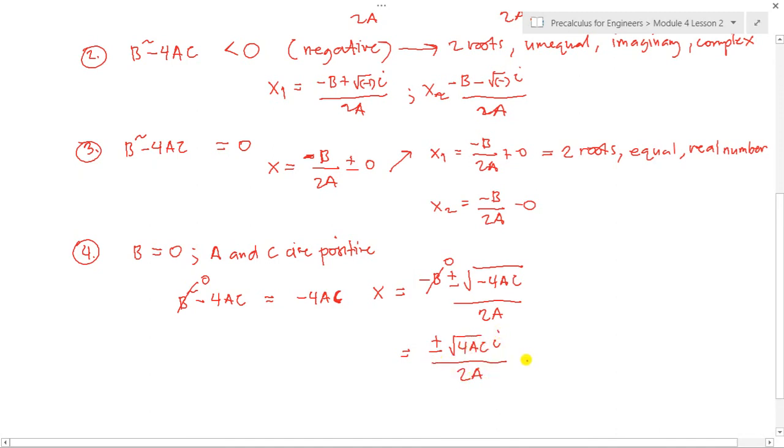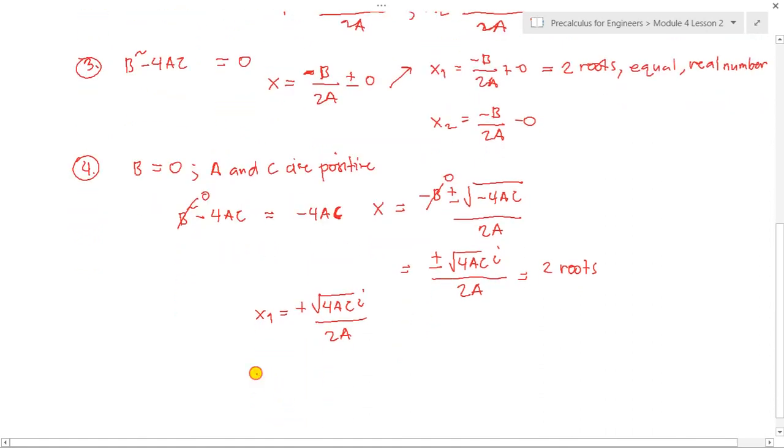Here, class, we have 2 roots. So 2 roots, kasi diba the first root is the positive square root of 4ac i all over 2a. The other one is negative. x sub 2 is equal to negative square root of 4ac i all over 2a.